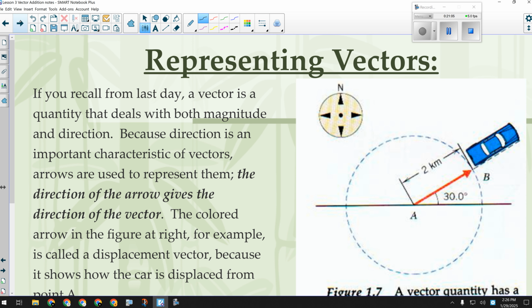The first is we point the arrow in the direction that vector is supposed to be going. So in the case of the vector you see here in this picture, that vector is directed 30 degrees north of east. I've drawn that arrow as though it is pointing 30 degrees north of east.